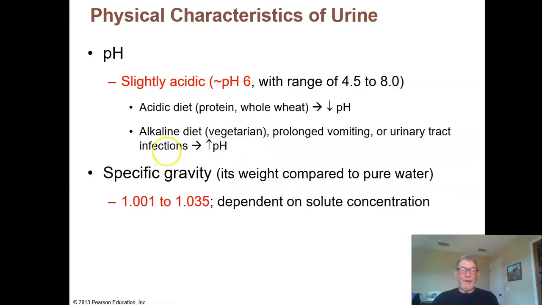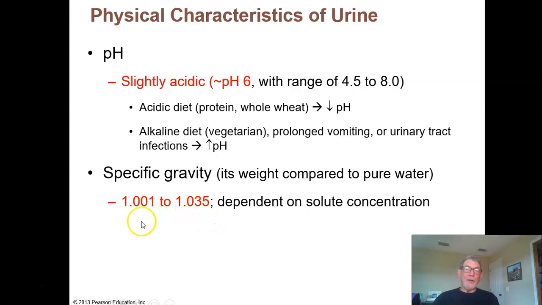And your specific gravity, remember, that is the comparison of its weight to the weight of water, which is 1.000. And to be normal, I would say, about 1.01 to 1.025.